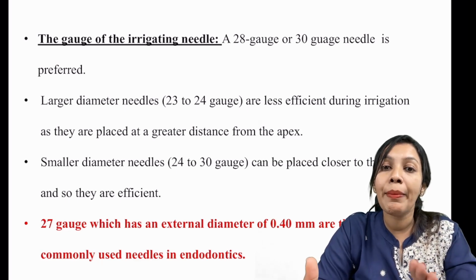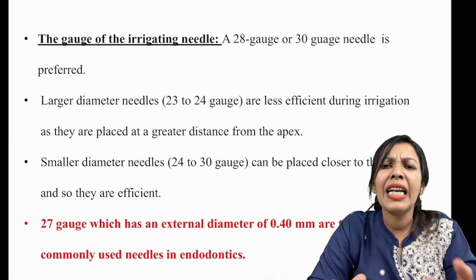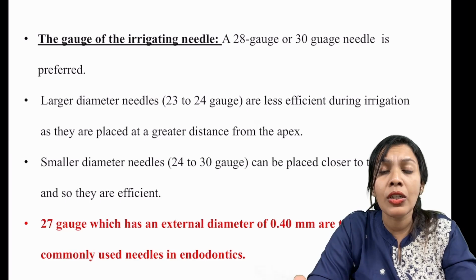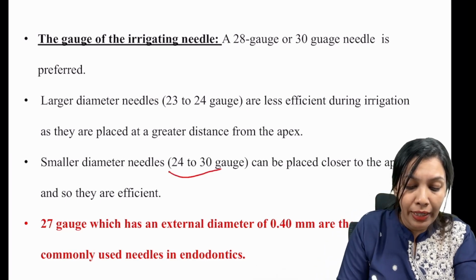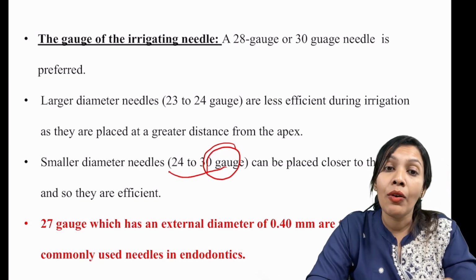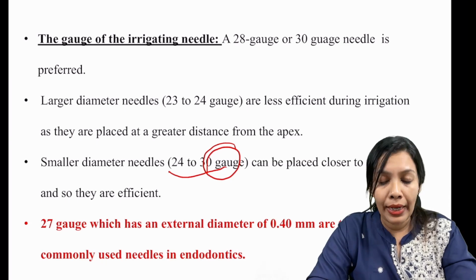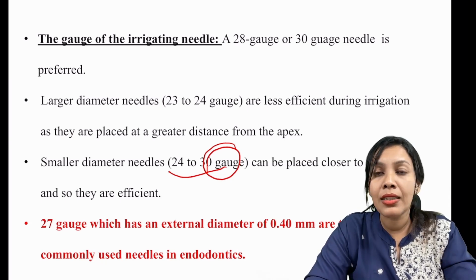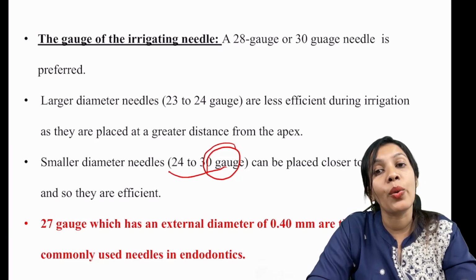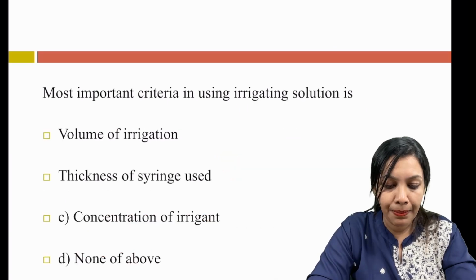Larger diameters like 23 and 24 are less effective in the irrigation process. Smaller ones, like 30 gauge, are very effective. So just memorize it: in endodontic practice, what we commonly use is 27 gauge needles.